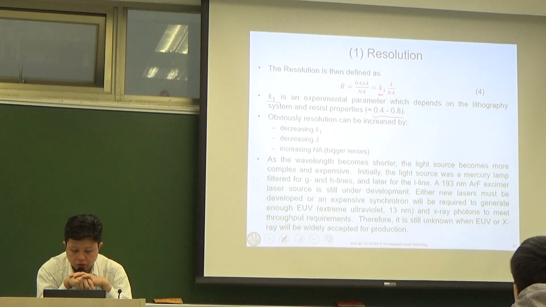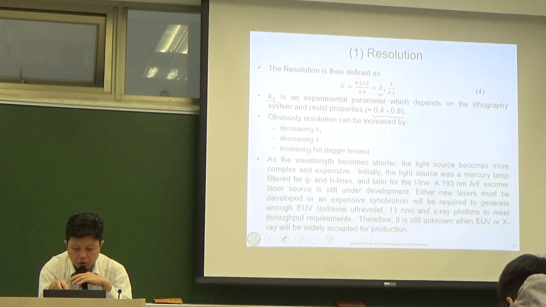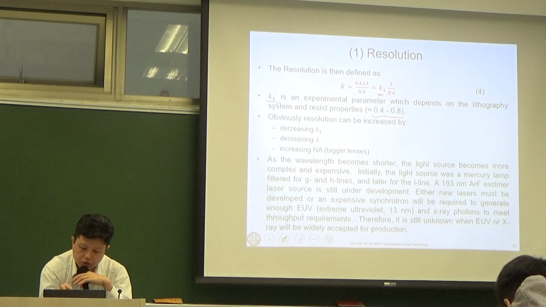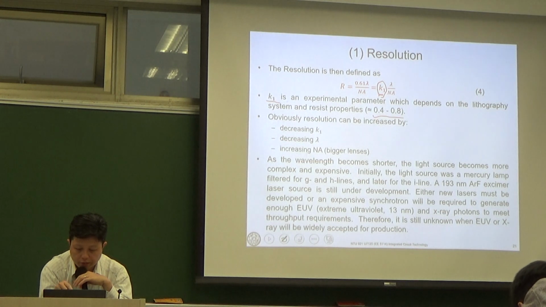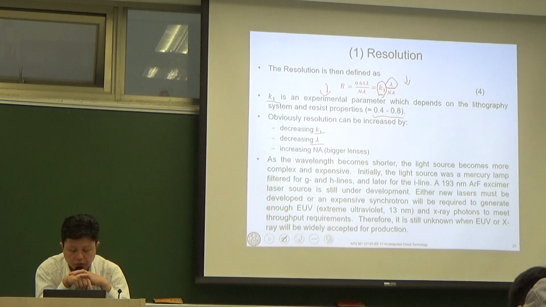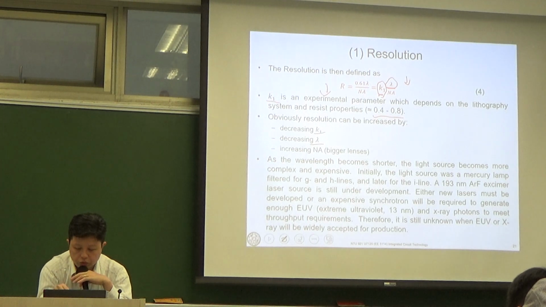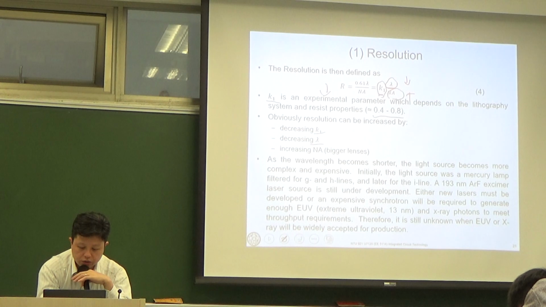So in order to improve this resolution, we want this R as small as possible. So we have to decrease this K1 or reduce the lambda. If lambda is smaller, your R can be smaller. Or you increase this NA, which means you need a bigger lens.